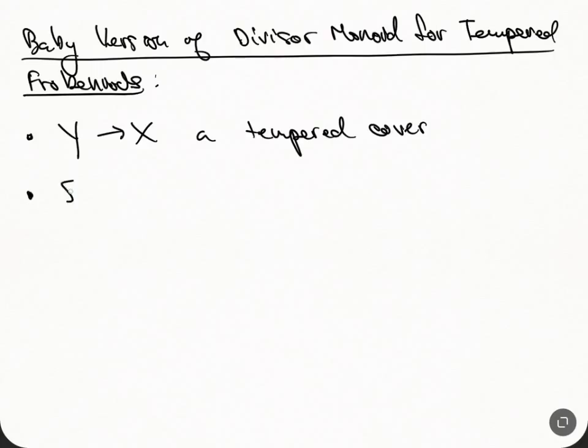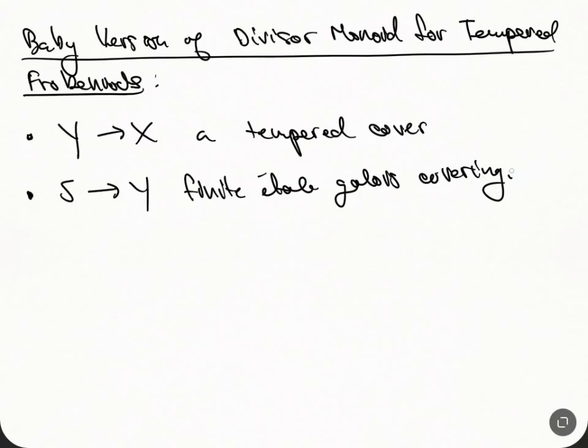We'll start with S to Y. This is going to be a finite étale Galois covering, so this is a covering of Berkovich spaces. Then we take the universal topological cover.